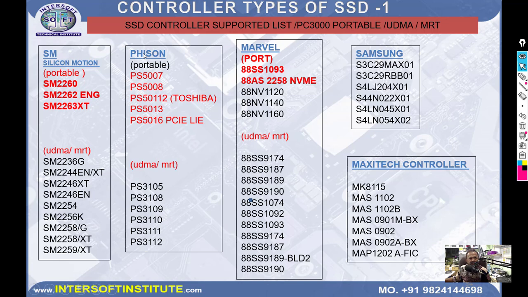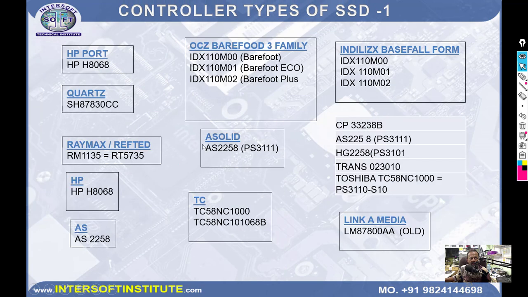So for Phison, these tables are there. This is supported in Portable only, and UDMA MRT also supports this Phison. Marvell also, Samsung, Maxiotek, these are all supported in Portable. Next portion, some other normal controllers are there, that is HP, AS, TC, Quartz, these are normal.